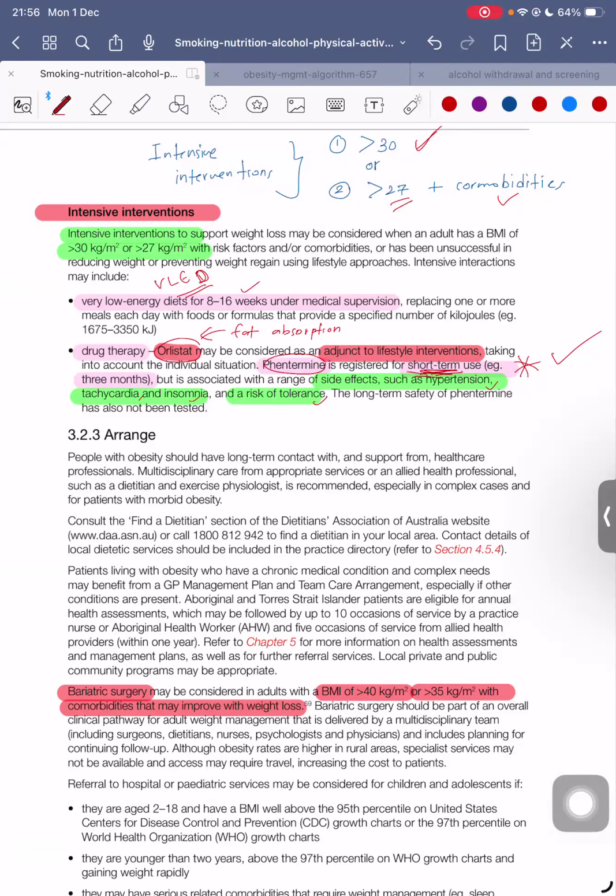They are not mentioned here, but sometimes in some questions they are mentioned. But mainly you have to remember VLED, that means very low energy diet for 8 to 16 weeks, and drug therapy like orlistat and phentermine. Okay, remember.